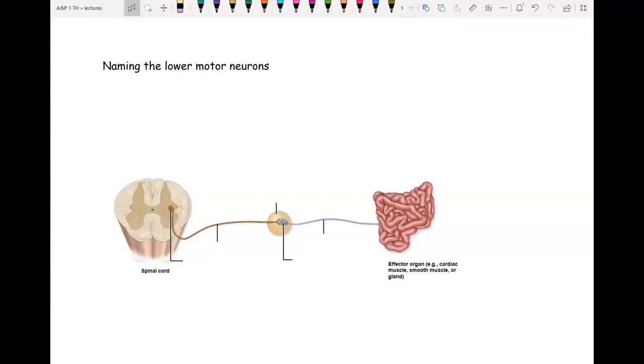Now this picture left the brain out, so let's draw a brain in here. So here's a brain. So you're still going to have that cell body starting from somewhere in the brain. It's not going to be a cerebral cortex though, it's going to be a subconscious part of the brain. It's going to come down and cross over and go into the spine. So here we have an upper motor neuron.